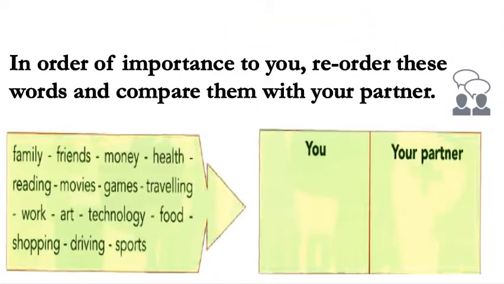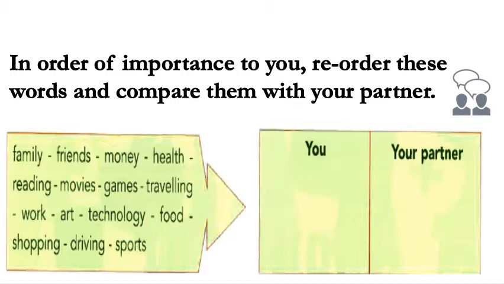Now, my dear students, let's open our students book page 54 and look at exercise 1 before we read. Sources of happiness. In order of importance to you, reorder these words and compare them with your partner.